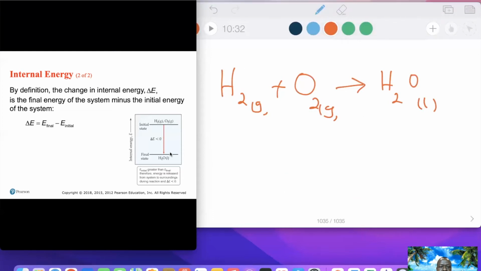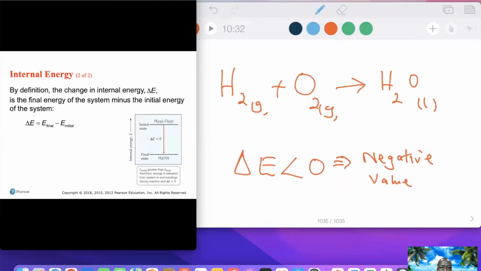If it is combining, the change in internal energy is less than 0, which means it's negative. Delta E less than 0 means a negative value. Remember the number line?